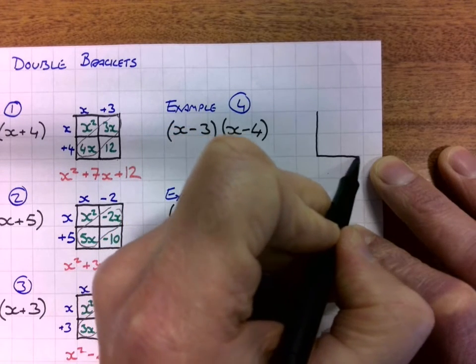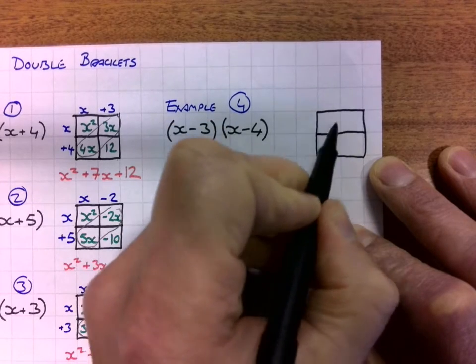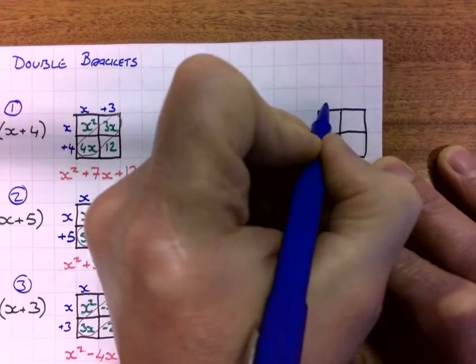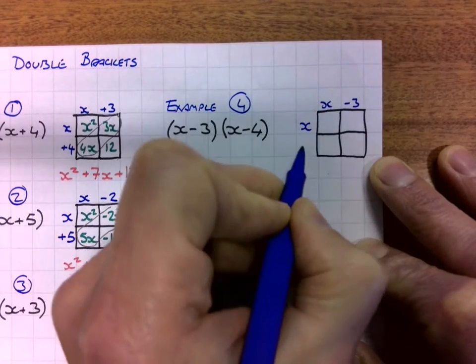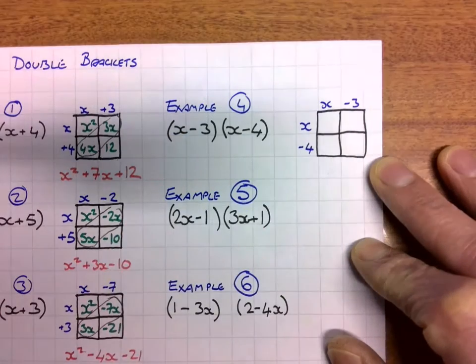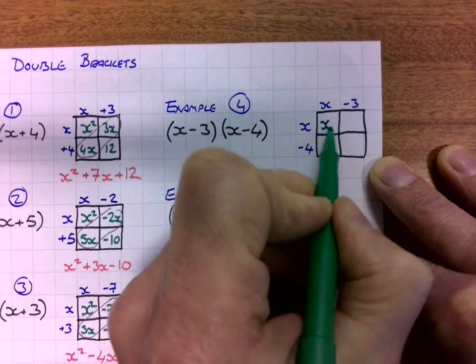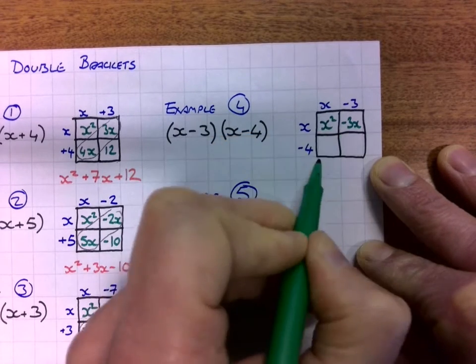So I draw my boxes. Put the question in: x take 3, x take 4. So x times x gives me x squared. Minus 3 lots of x is minus 3x.